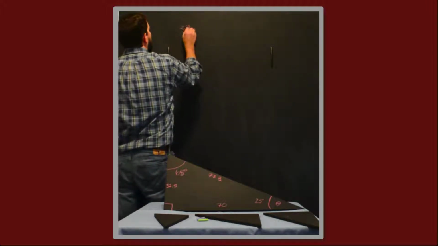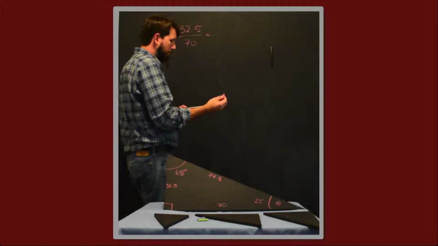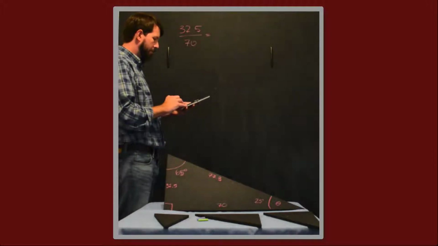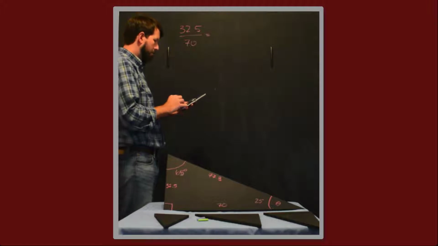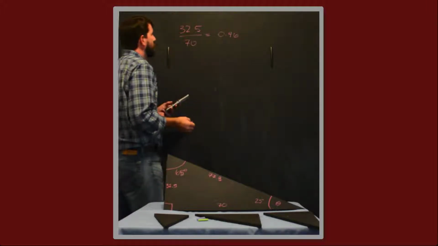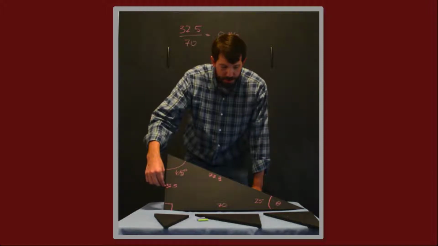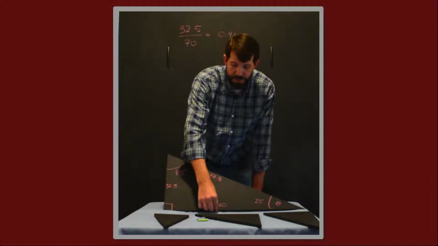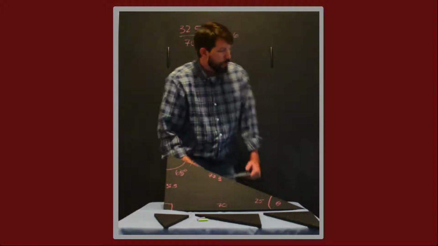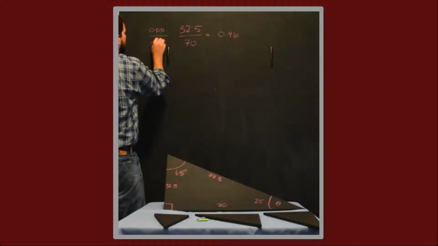So 32.5 divided by 70 is 0.46, okay? The 32.5 is the side opposite my observed angle, and the 70 is the side that is adjacent to my observed angle. So this is the opposite side compared to the adjacent side.